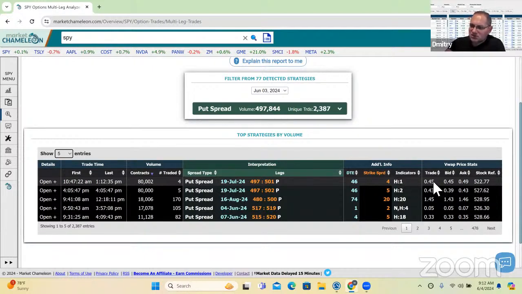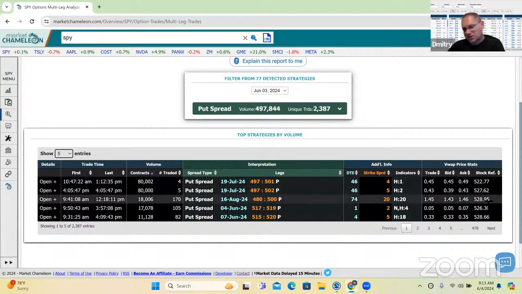This is the volume weighted average price of the put spread. If we took all the put spreads that traded yesterday, the traded prices, and weighted them by the volume, the weighted average price, the VWAP, is 45 cents. So this $4 put spread traded at 45 cents.